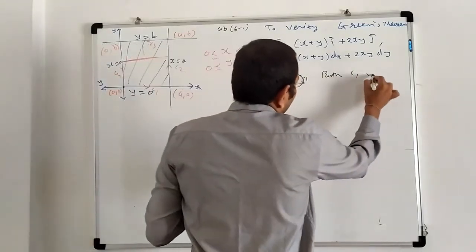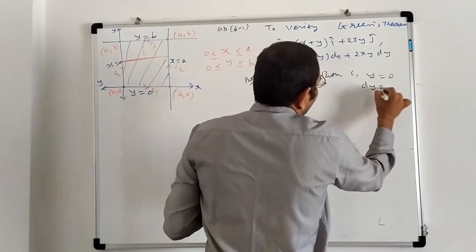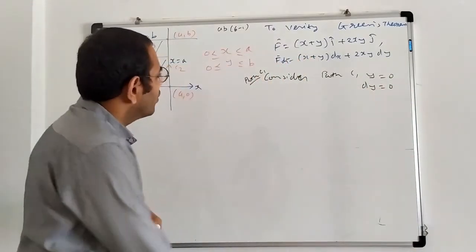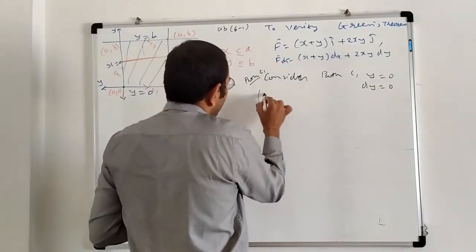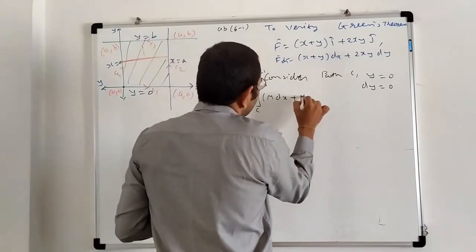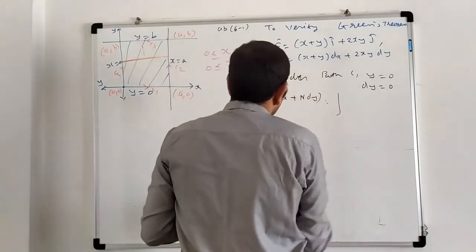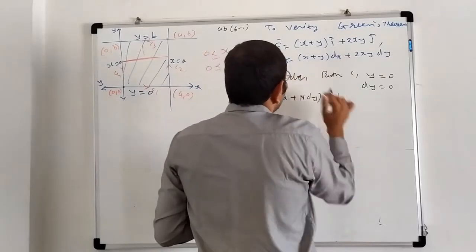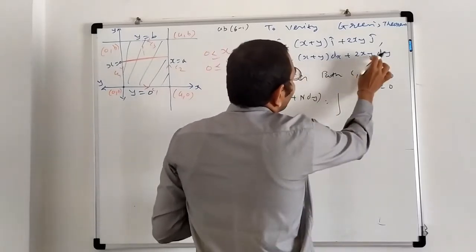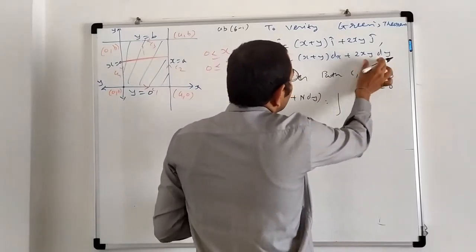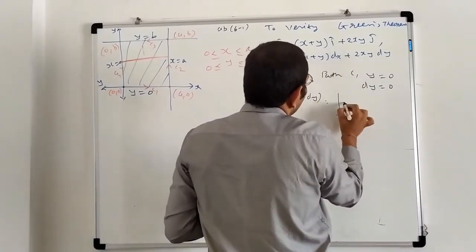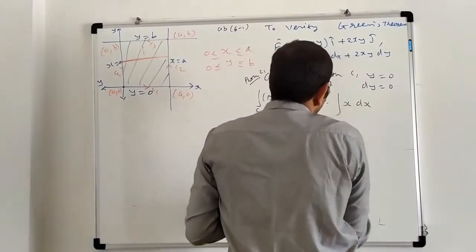According to this path, y equals 0, then dy equals 0. Then the integral over C of M dx plus N dy: the second term is 0 since dy equals 0, so we get only x dx.